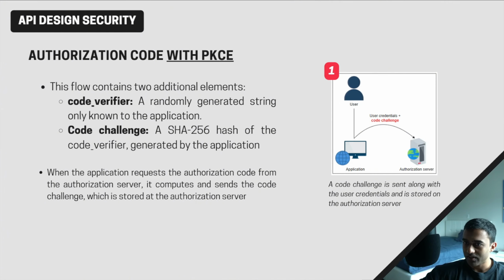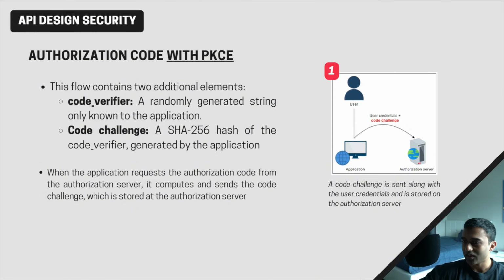Firstly, the code verifier, a randomly generated string only known to the application, and then a code challenge, which is an SHA 256 hash of the code verifier generated by the application. When the application requests the authorization code from the authorization server, it computes and sends the code challenge, which is stored at the authorization server.